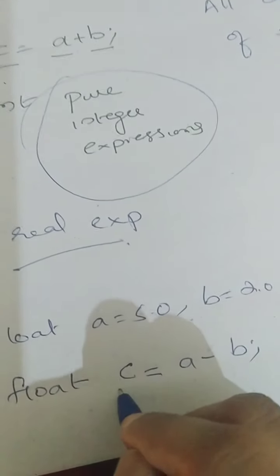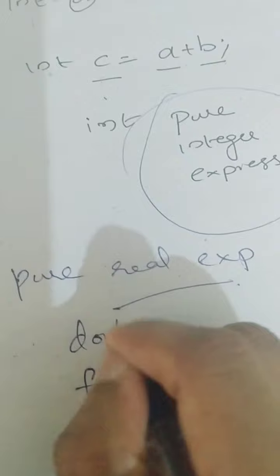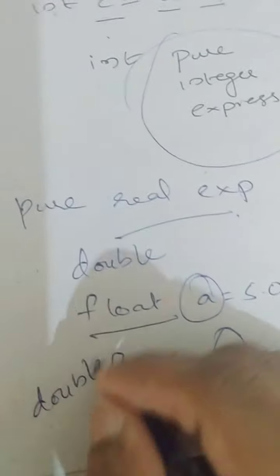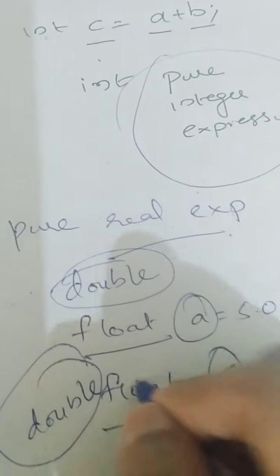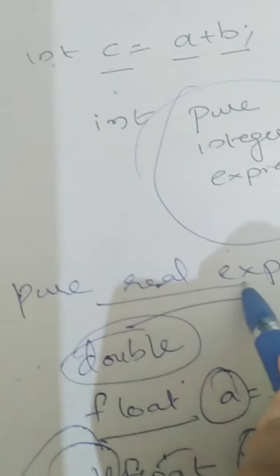See here, a, b, c are all of type float. It can be double also. Here all the operands are of float type, that is real type. So it is known as a pure real expression.